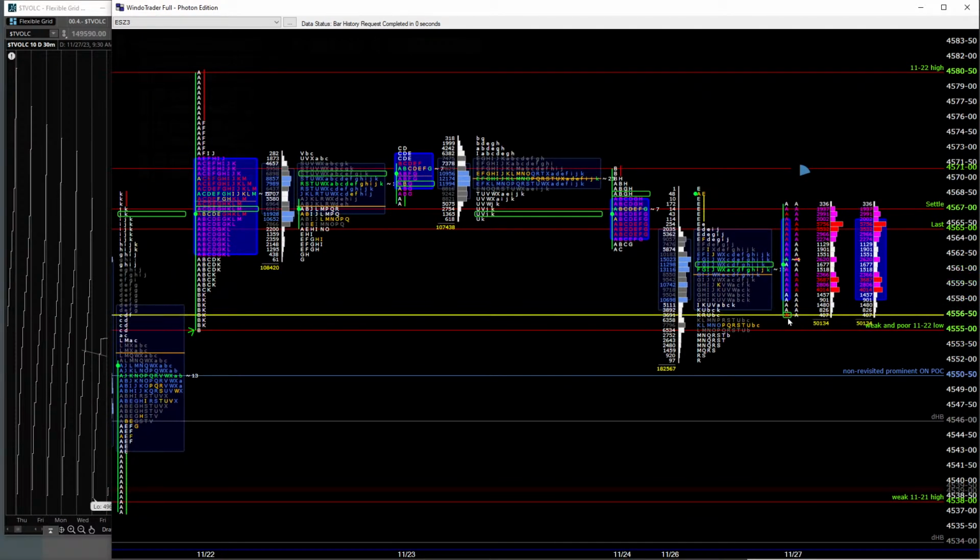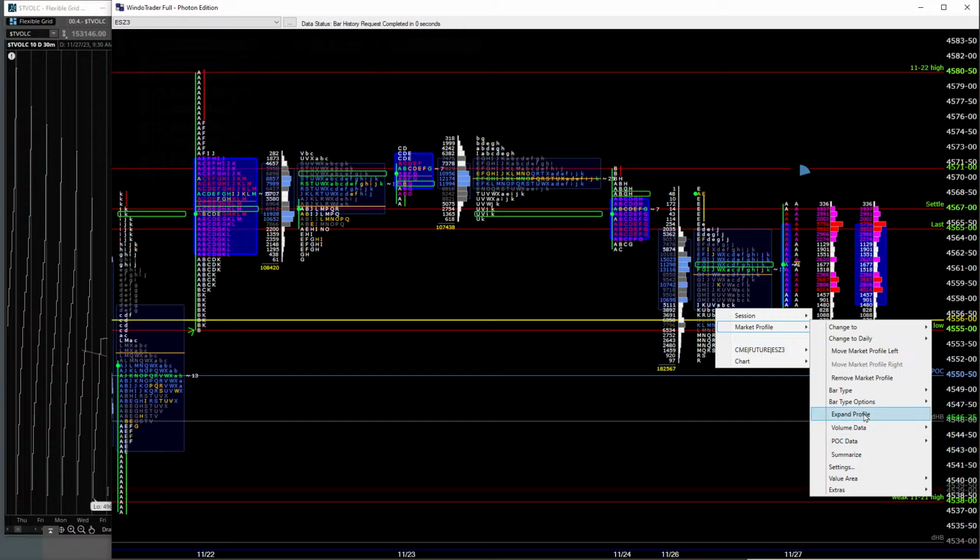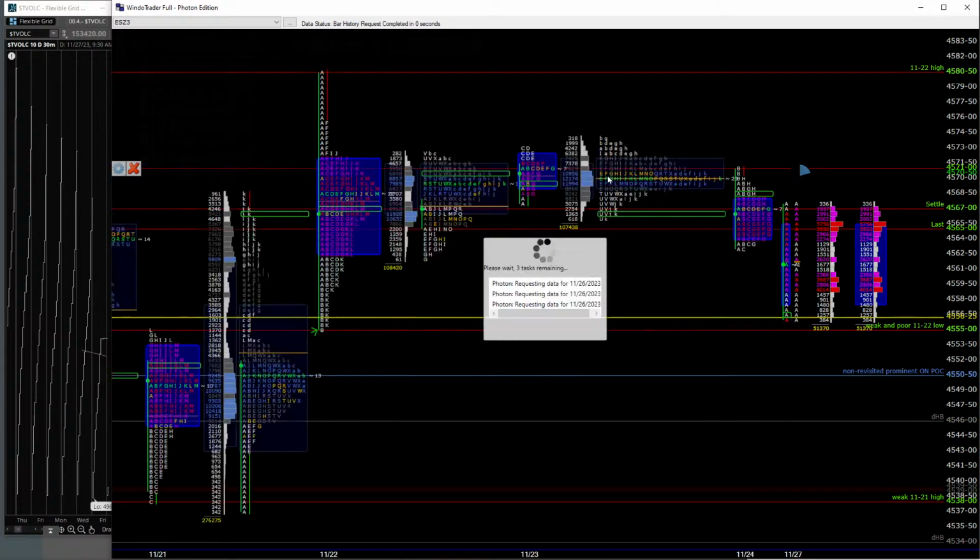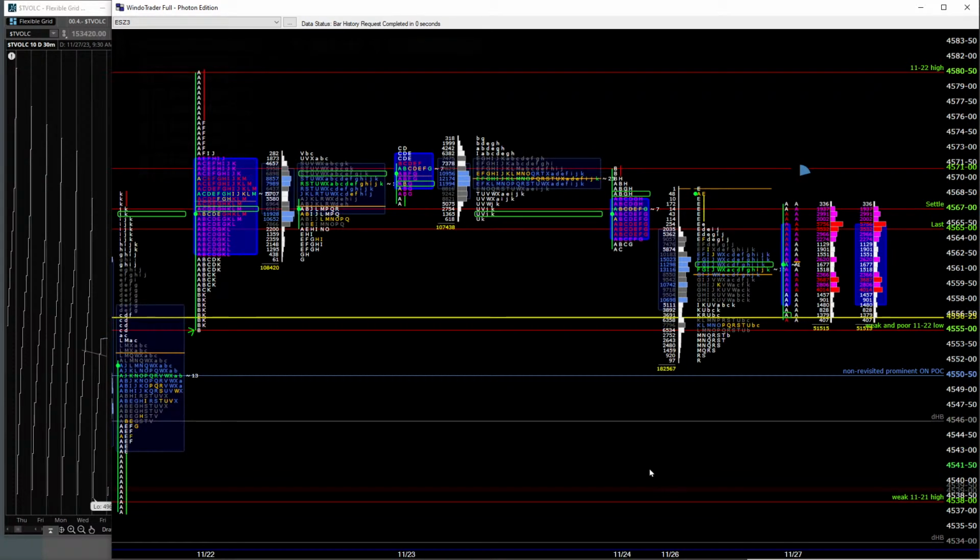The closer this market gets to this low, the weaker it becomes, because now we have 1, 2, 3 lows coming from this, plus all the lows from the overnight here. Look at this. These are the weakest ones.